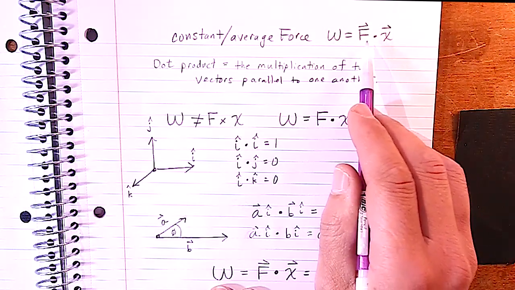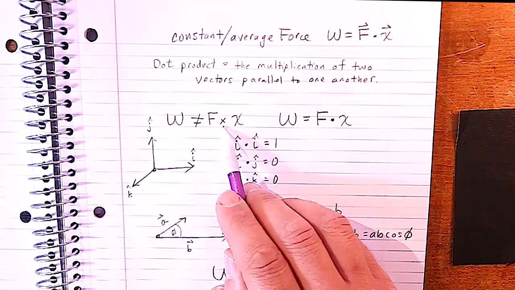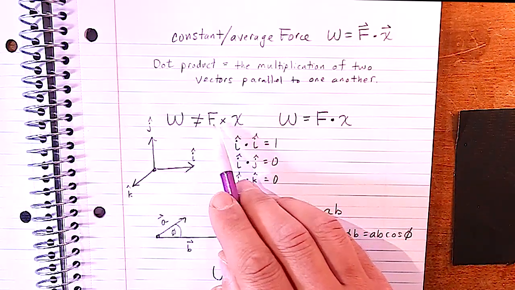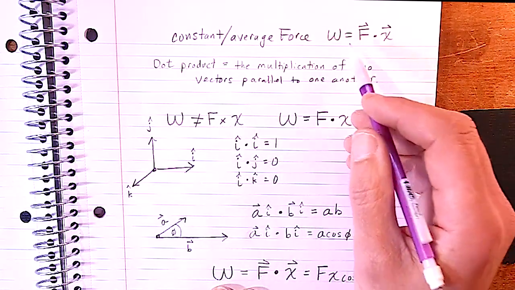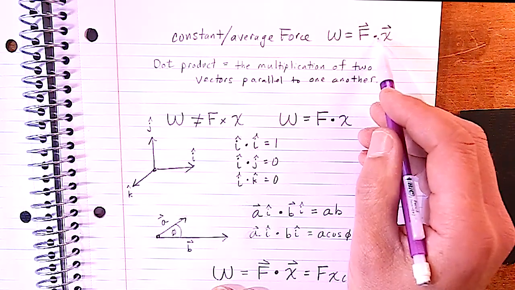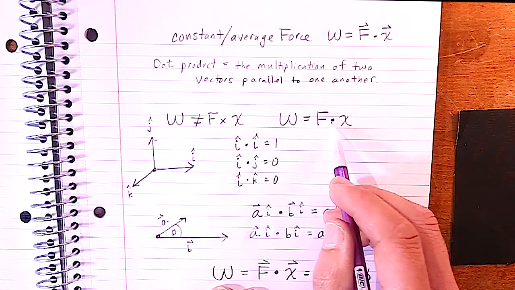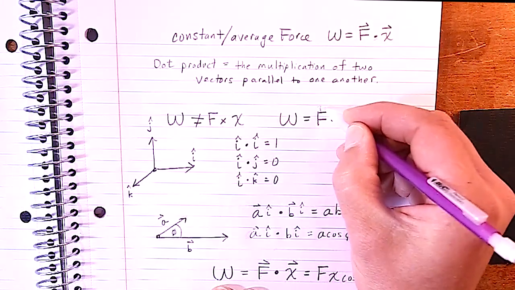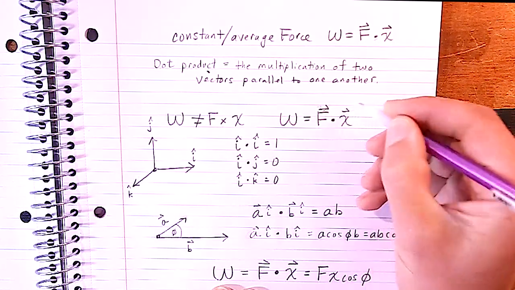When we multiply two vectors that are perpendicular to each other, we call those cross products. But in that case, no work is being done because we defined work as the force parallel to the displacement. Well, this dot right here tells us the parallel part. This dot is, I should have vectors on here, force and displacement.